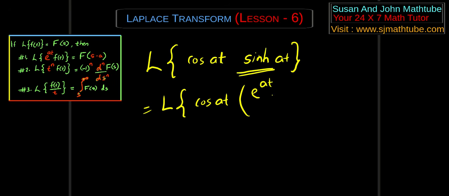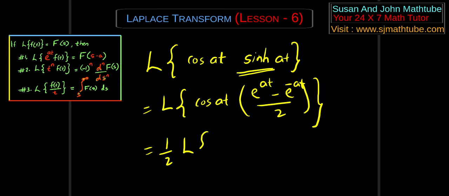So this is (e power at minus e power minus at) by 2. And I can see 1 by 2 here, so that goes outside.